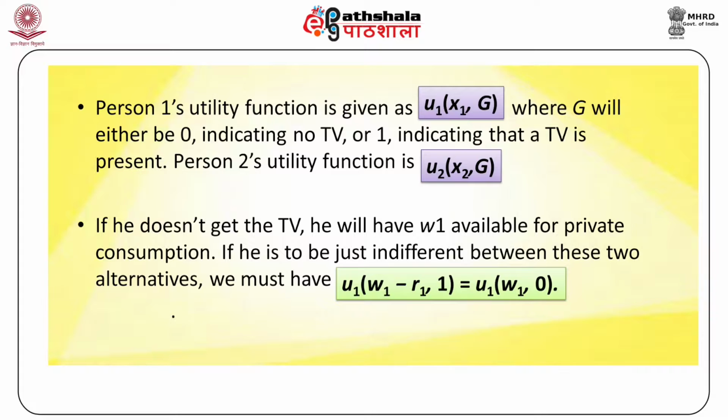The value of TV placed by each person can be measured by asking how much each person would be ready to pay to have the TV available. This can be done using reservation price. The reservation price of person 1 is the maximum amount that person 1 would be willing to pay to have the TV present.